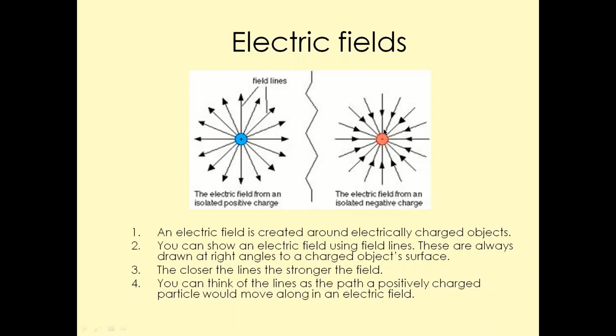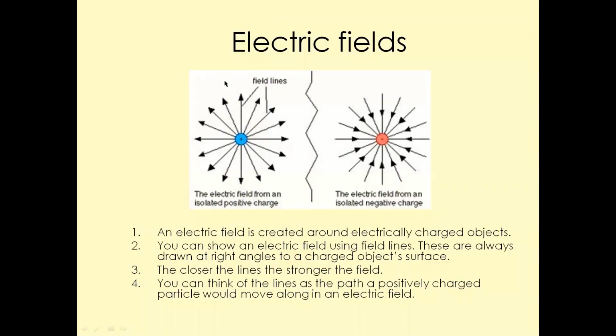And if that's a negative charge, the direction of the field lines is always inwards, because a test charge, or a positive charge, when placed in the electric field of a negative charge, is going to attract. So field lines will be inwards in the case of a negative charge. They'll be outwards in the case of a positive charge.